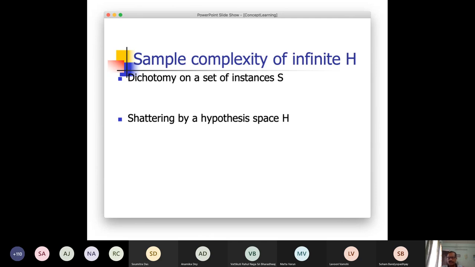So it is not the true target concept, but it is very close in performance, because you are keeping the probability of error, which means the differences between the functional values of the target concept and the hypothesis.